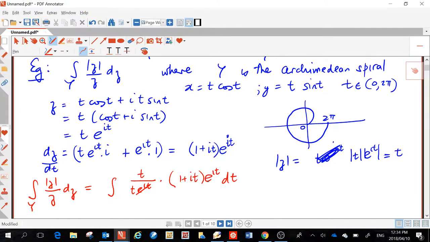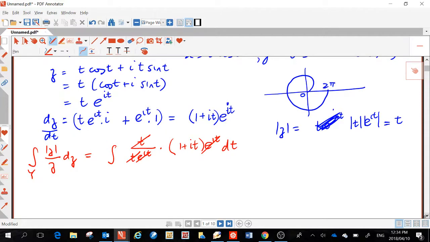Then almost everything cancels. The limits are now 0 to 2 pi because we are in the t world, no more in the z world. So we can now integrate this straightforwardly: t plus i t squared over 2 from 0 to 2 pi.